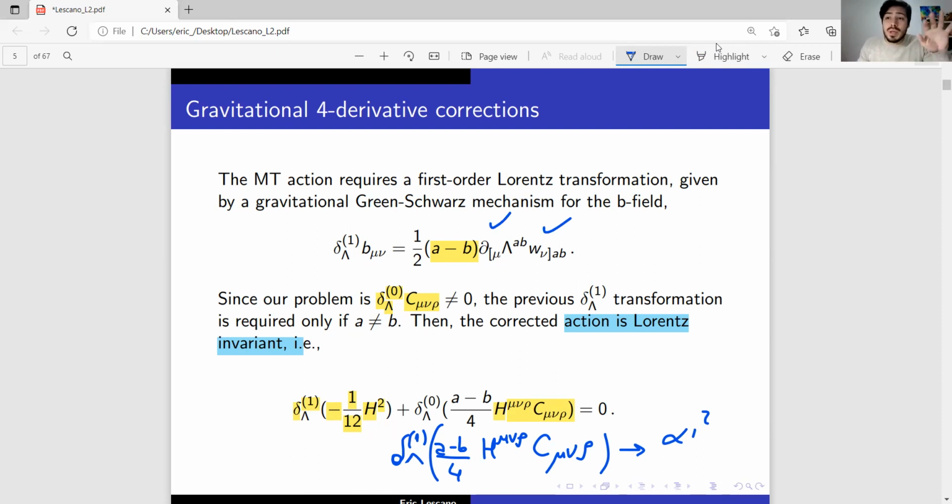We swap a V field by two derivatives, and now we have a 6 derivative Lagrangian. So this combination just affects higher order contributions. We can neglect that kind of contributions. So we are not transforming the first order Lagrangian with first order transformations. This is a second order contribution, so we can discard this contribution. And the action is Lorentz invariant at the alpha prime order, in this order.